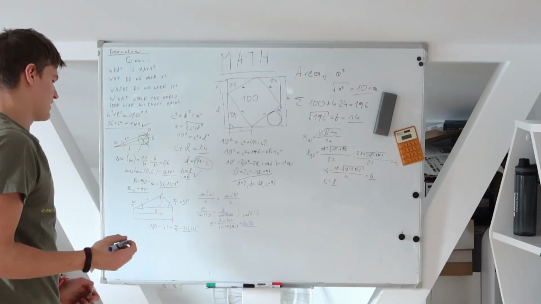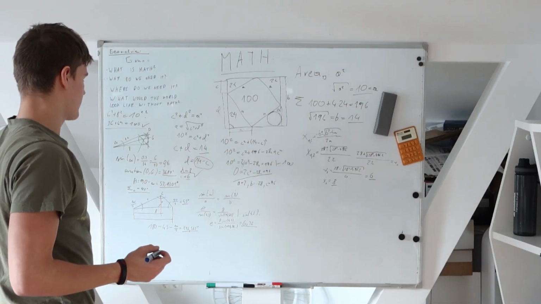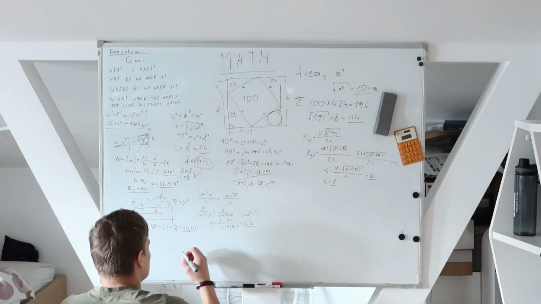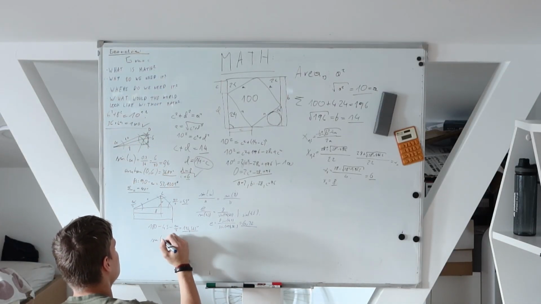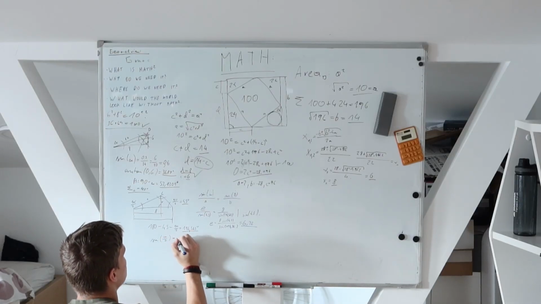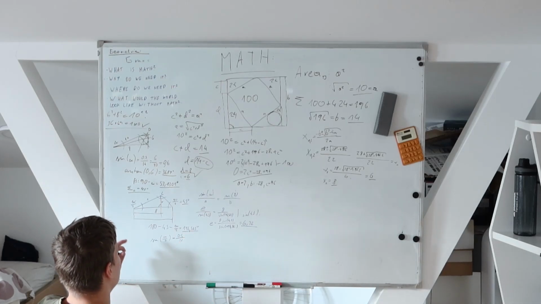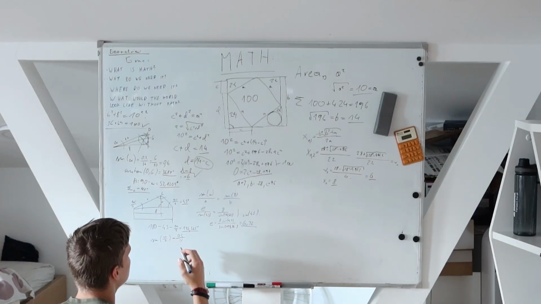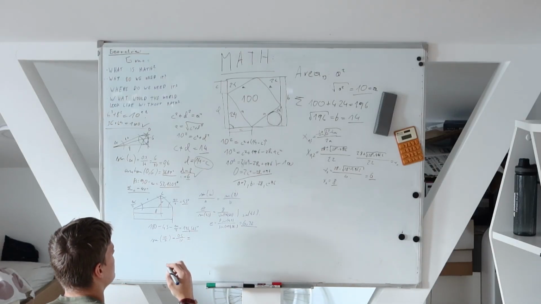and from this point, I don't think it's too difficult. We know this angle, we know this length. Again, we can just use the sine again. So we can just say again, sine of alpha divided by 2 is opposite side divided by hypotenuse, and in this case the hypotenuse is going to be E, and the opposite side is going to be R. So let's just plug that in actually.